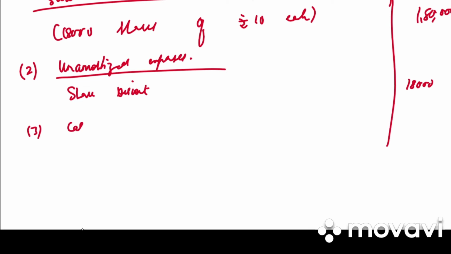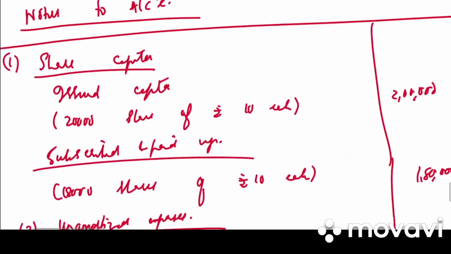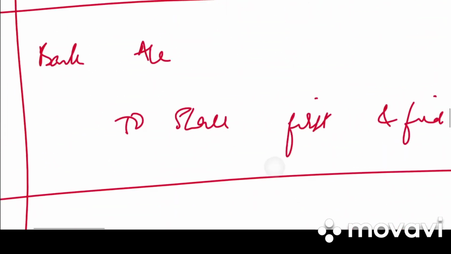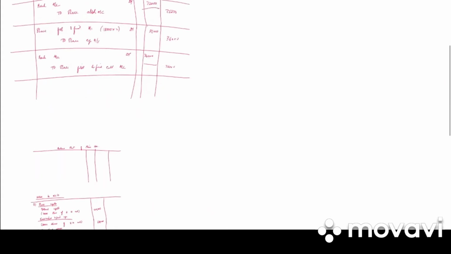Third we have cash and cash equivalents. Under that we have cash at bank. We'll go to our journal entries. Whatever is debit in the bank we will add, whatever is credit we will deduct. So it is 1,62,000. Wherever there is bank we would be adding it, that is 54,000 plus 72,000 plus 36,000.